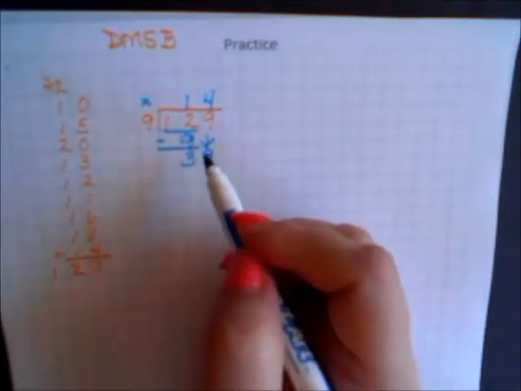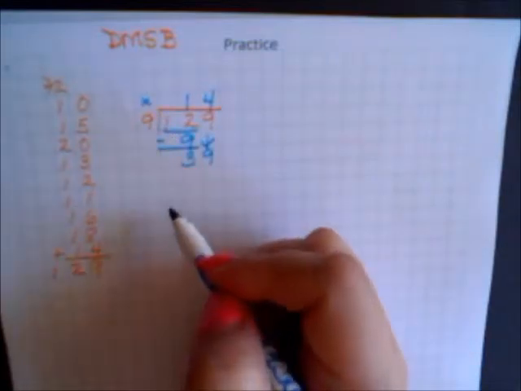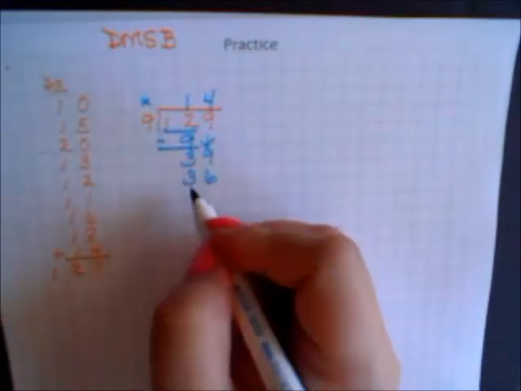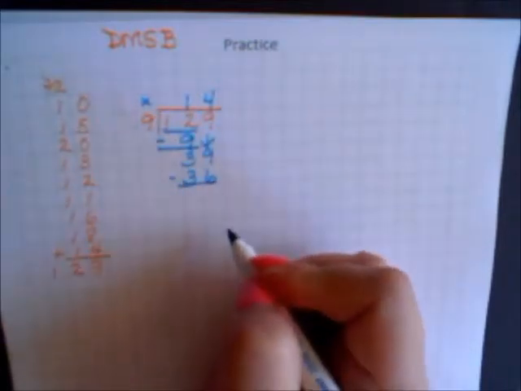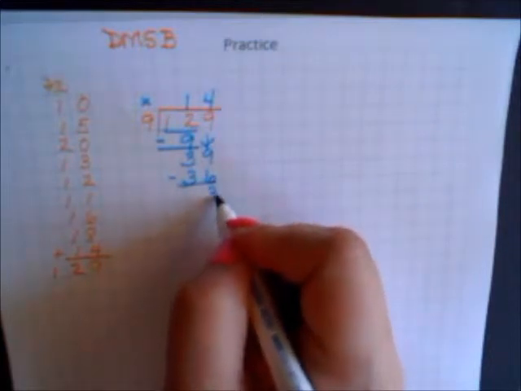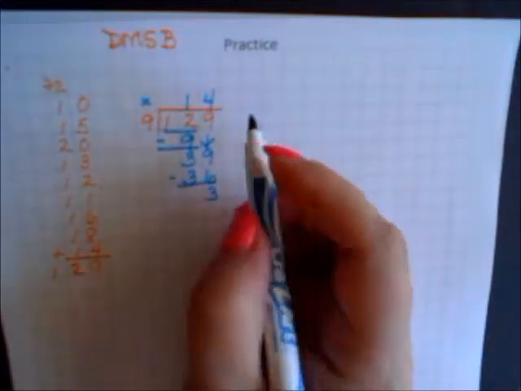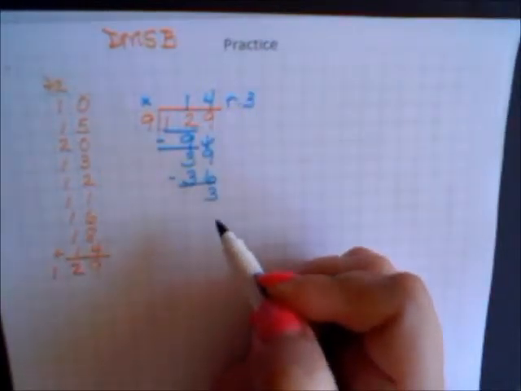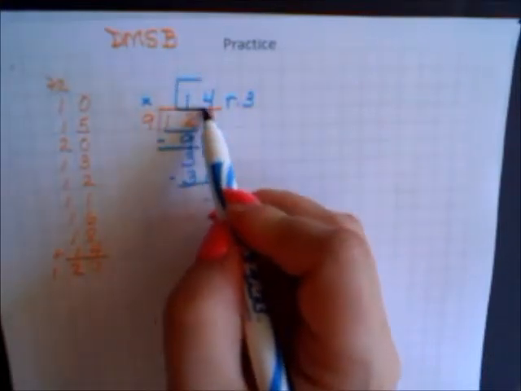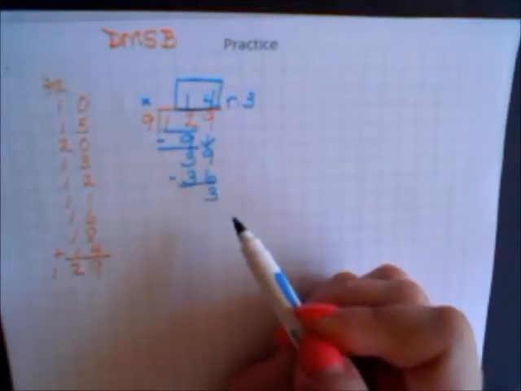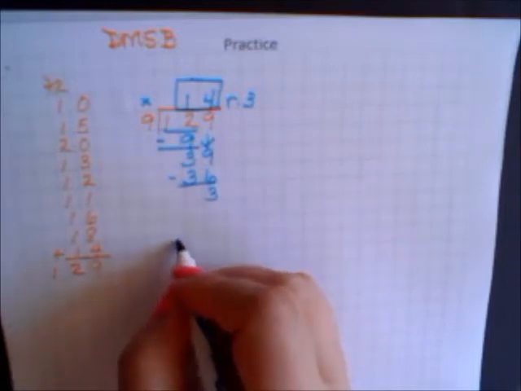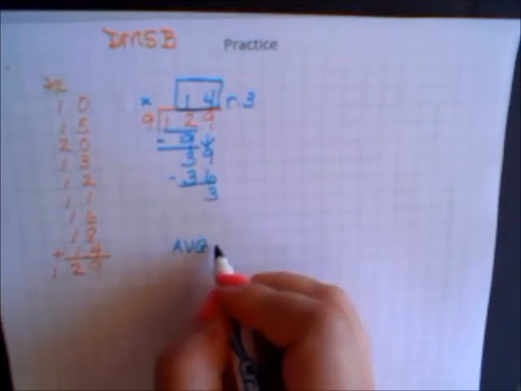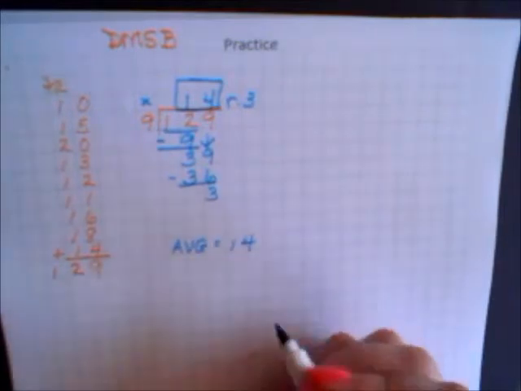Now we're going to multiply. 4 times 9 is 36. Next step, subtract. 9 minus 6 is 3. So we have a remainder of 3. But it really doesn't matter in this case because we need a whole number to represent our average. So our answer is the average of these 9 numbers is 14. Okay?